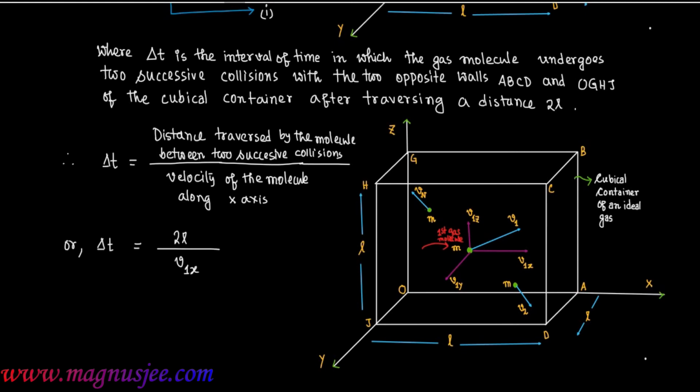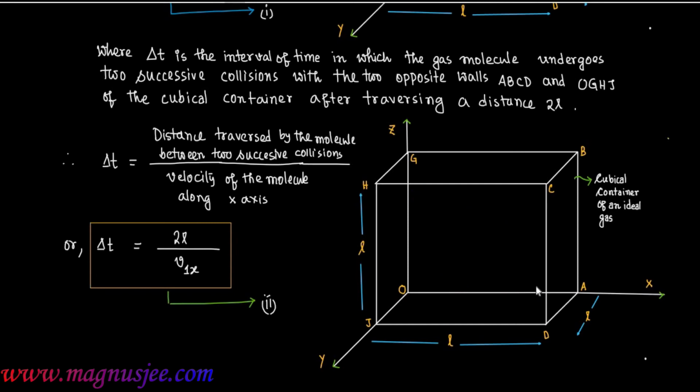Therefore, delta T is equal to L divided by V1x, where L is the length of each side of the cube and V1x is the rectangular component of velocity V1 of the first gas molecule, and we get equation 2, which is delta T equal to L by V1x.